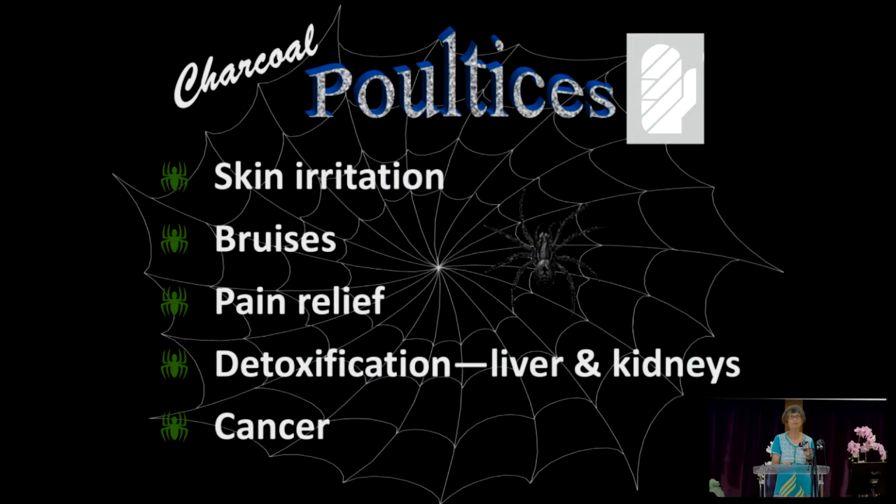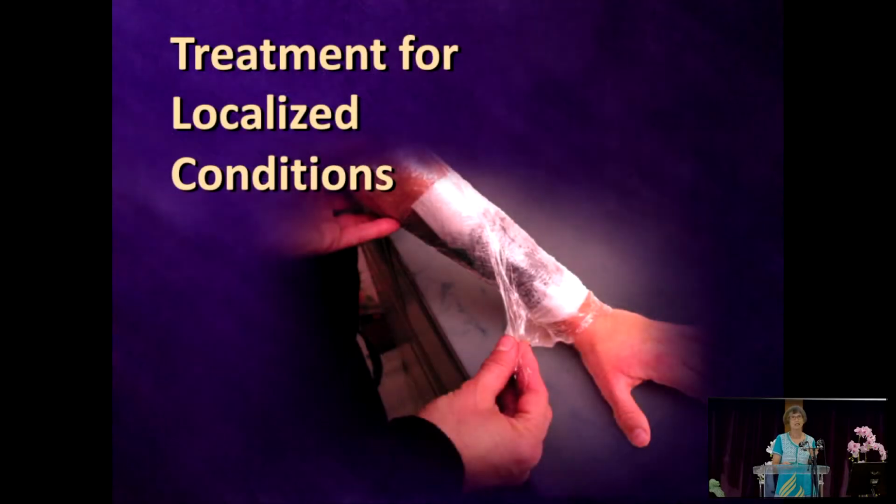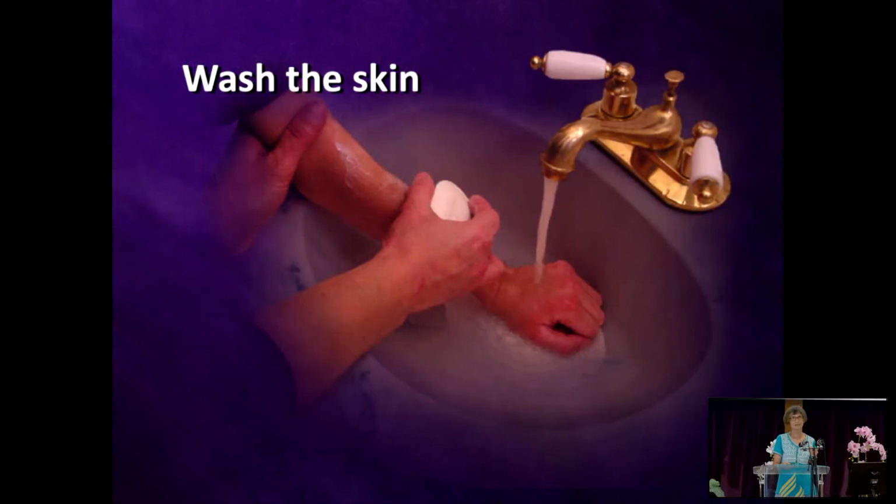And for people with cancer, charcoal also helps with addressing the pain as well as reducing the swelling, the tumor, okay? We will show you how to do the poultices after the PowerPoint presentation has been done, so just wait for it, okay?